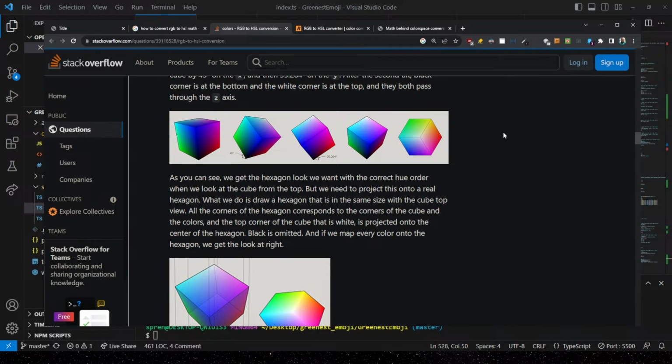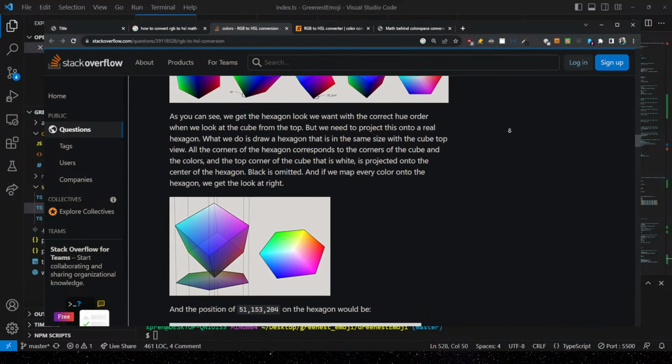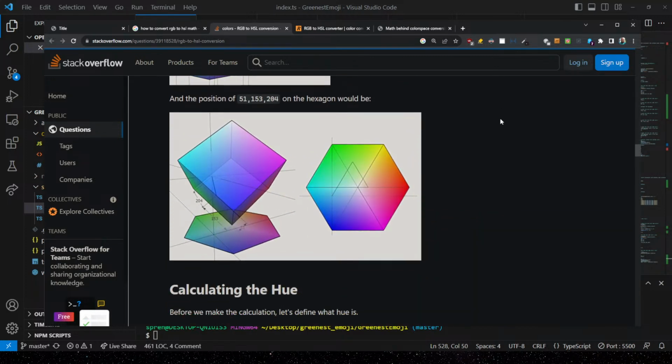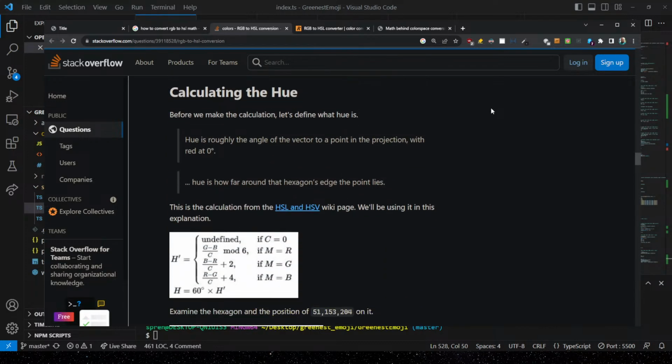It is indeed a hexagon. I see. Yes. Hue is roughly the angle of the vector to a point in the projection with red at 0 degrees.